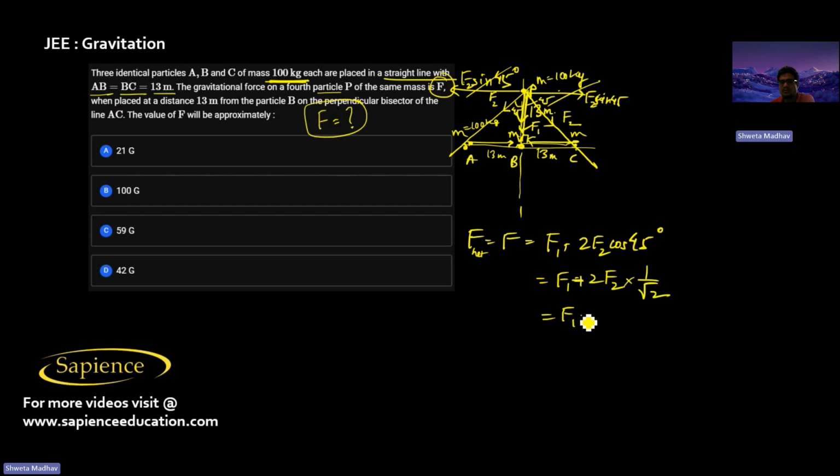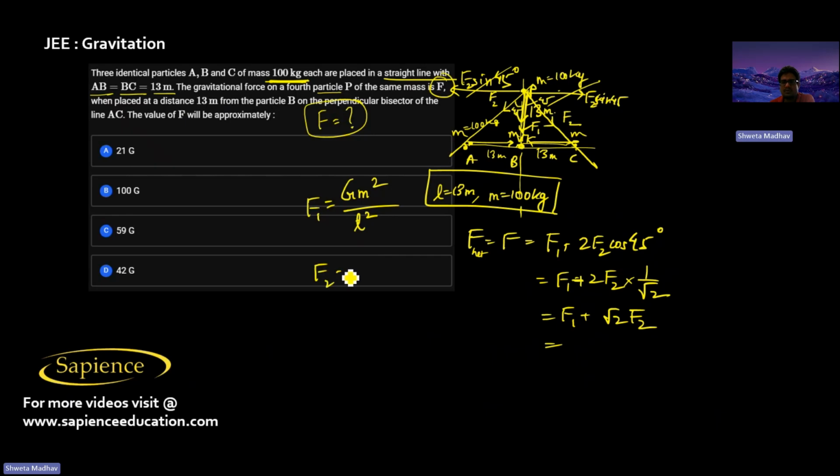So it is F1 plus root 2 into F2. Now F1 is the magnitude of the force by which B attracts P. So that is G M square by L square, where L is 13 meters and M is 100 kg.